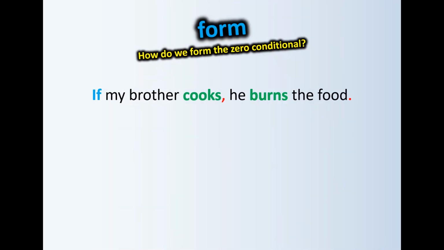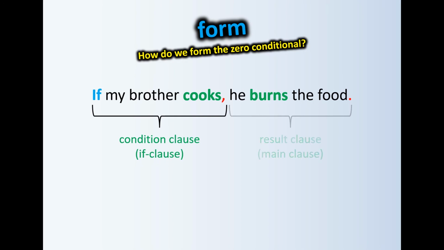Now, how do we form the zero conditional? As you can see, there are two parts in this sentence. The first part, if my brother cooks, is called the condition clause or if clause. And the second part, he burns the food, is called the result clause or main clause.